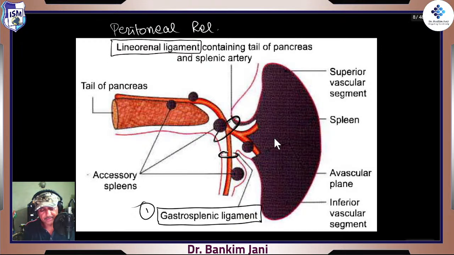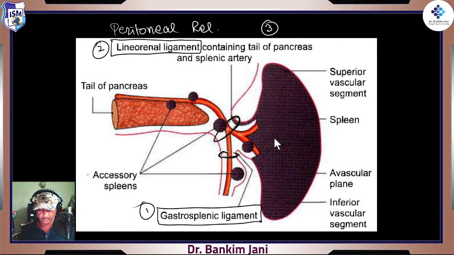Now sometimes it really happens that all these schematic diagrams do create some confusion, right? Don't worry, we'll be having several images, so it will be completely clear. But this is important because we need to know three peritoneal reflections, three peritoneal ligaments.